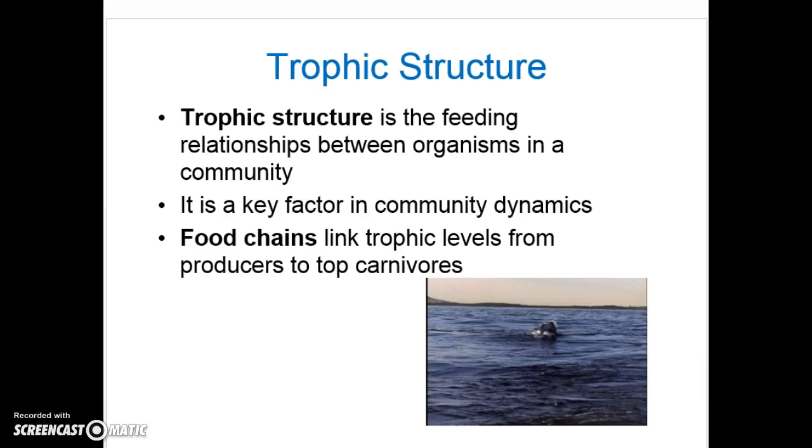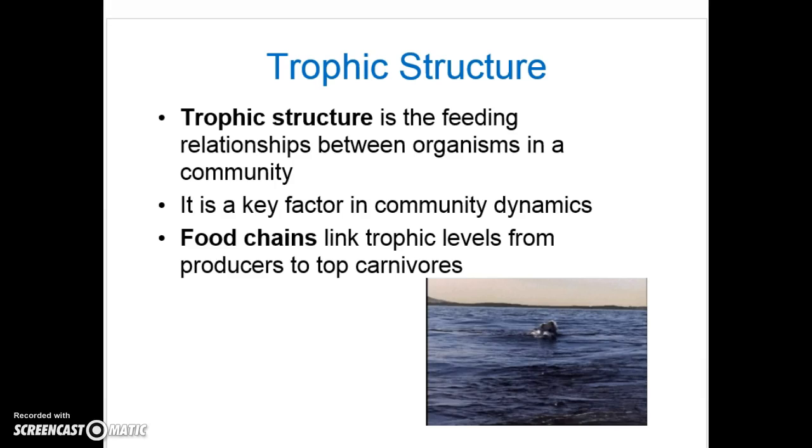If you remember back to your general biology, the trophic levels of an energy pyramid is what we're referring to here, where we start at the bottom with the greatest biomass, usually the producers, and then the primary consumers and secondary consumers, and then the top tertiary consumer usually. This makes up a rough food chain which links these trophic levels from the producers at the bottom to the top carnivores at the top.